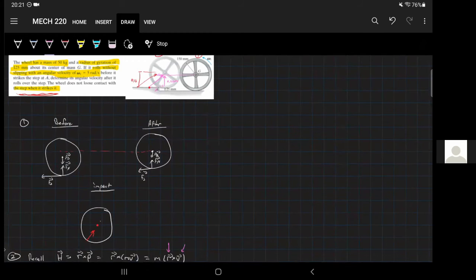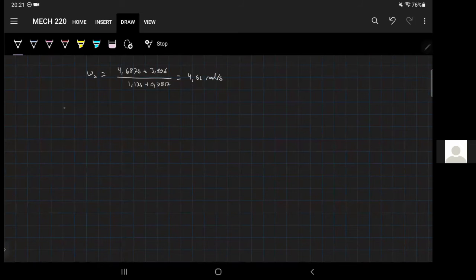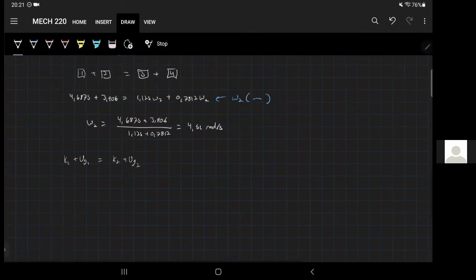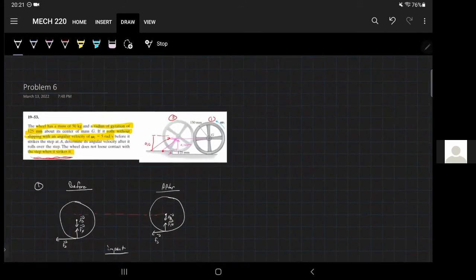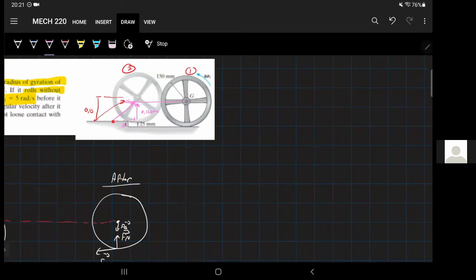All right. So we go back to our energy equation, right? So we have kinetic 1, UG1 equal to kinetic 2 plus UG2. So let's say we place our reference for the zero height at the center of mass of the wheel after the impact.